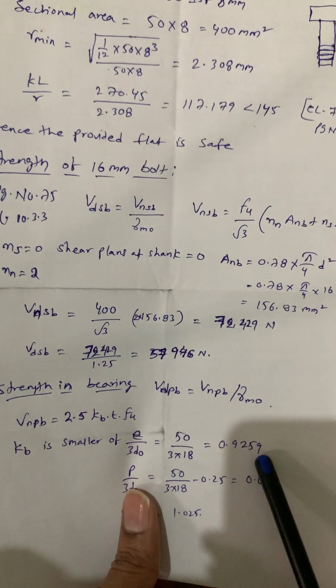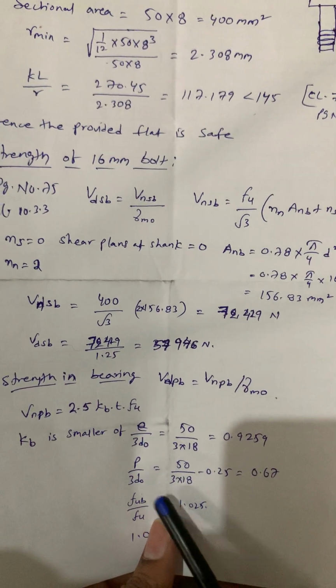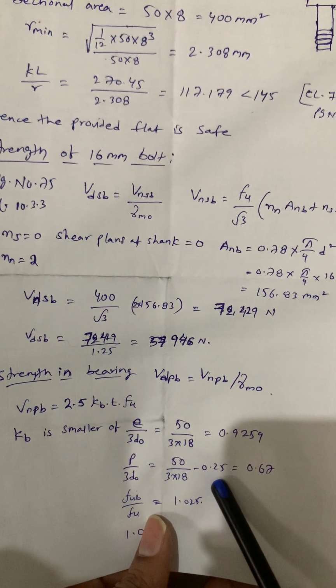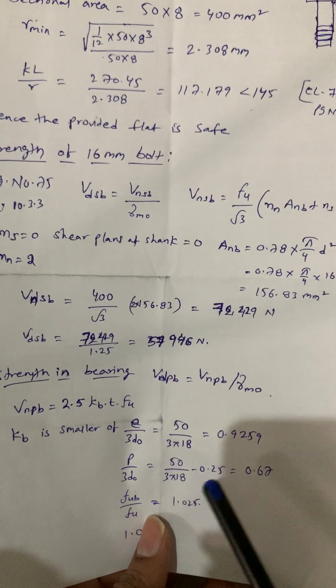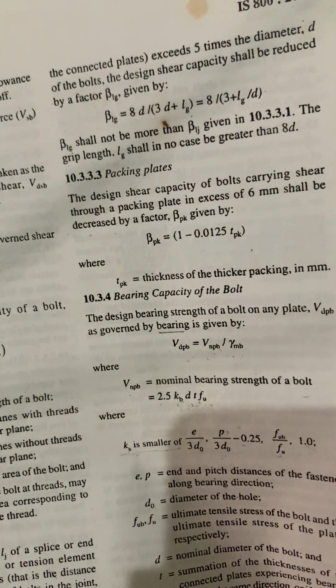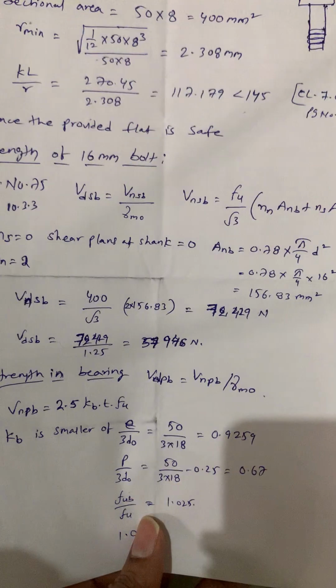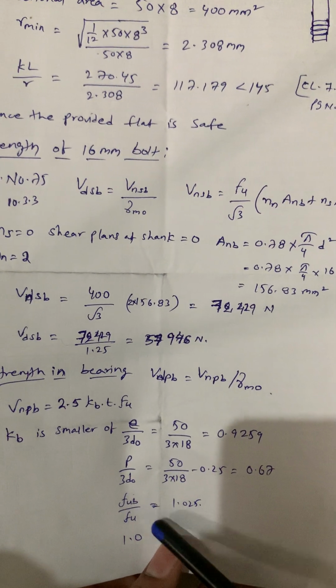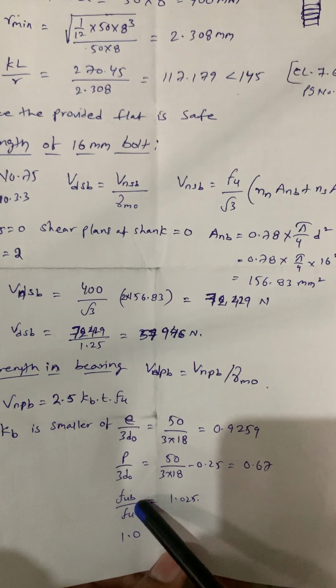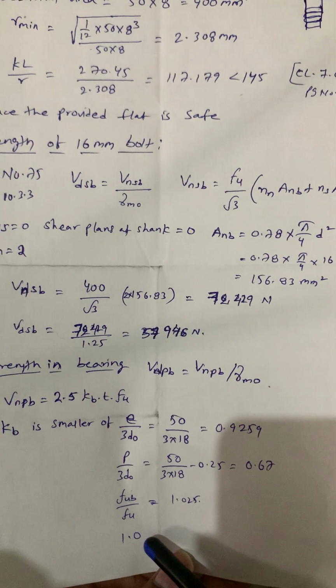I got 0.9259. Then p by 3 d naught minus 0.25, that is 50 by the same 3 into 18, minus 0.25. This KB formula is available in the code book. Next, fub by fu, that is 410 by 400, 1.025, and 1.